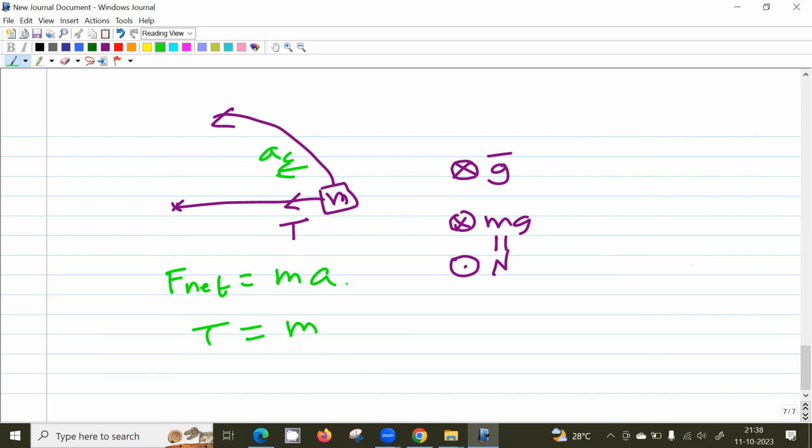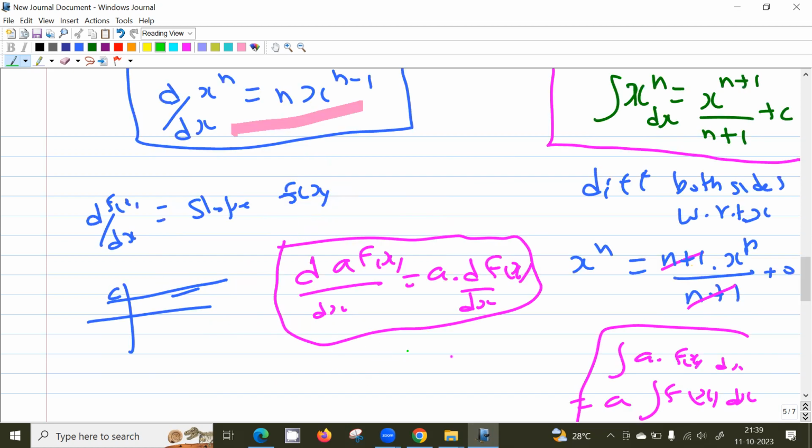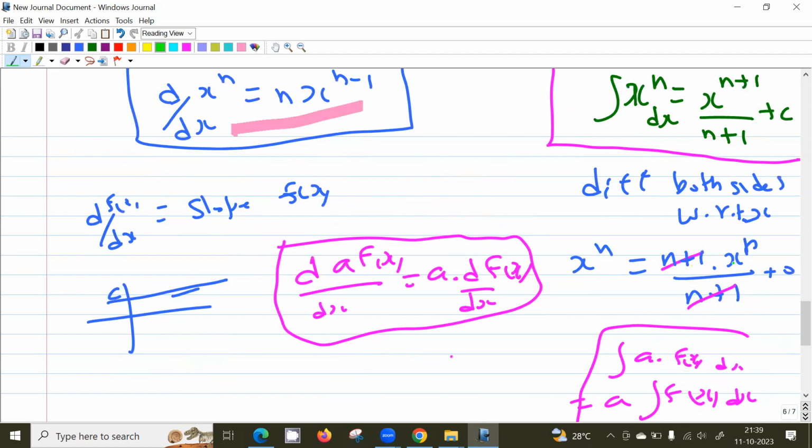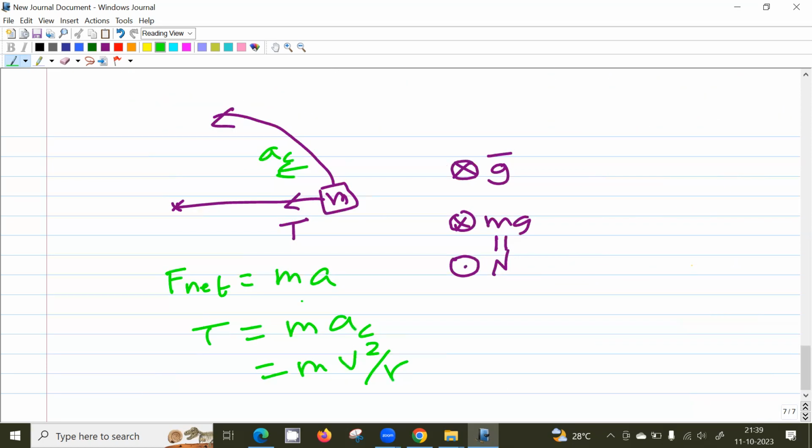That's equal to mass into the inward acceleration, that is centripetal acceleration, v square by r, which is equal to omega square into r. So from this, I get the tension as m into v square by r. If m is given, the velocity should be given. From point to point, the velocity is constant because it's a horizontal plane. Velocity is the same everywhere, so tension is the same at any position of the string. This is for horizontal motion, horizontal plane.